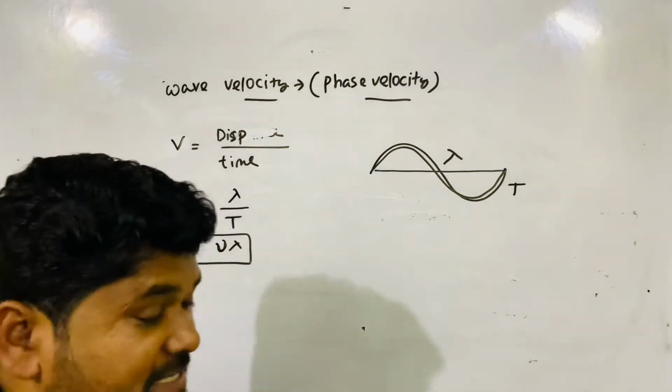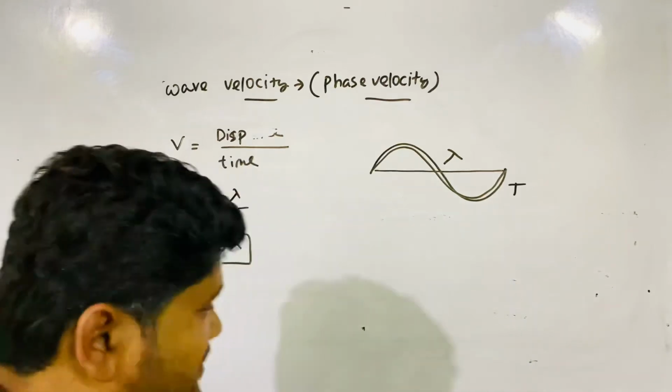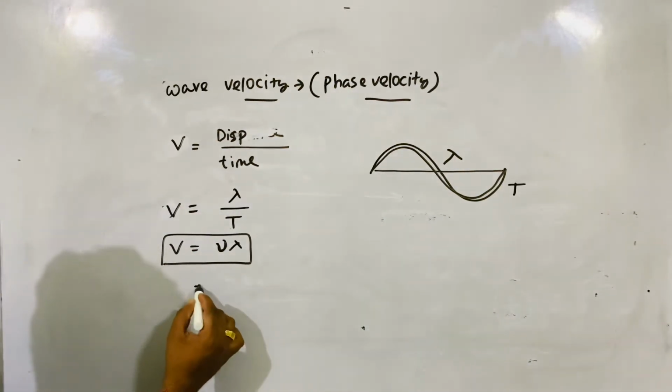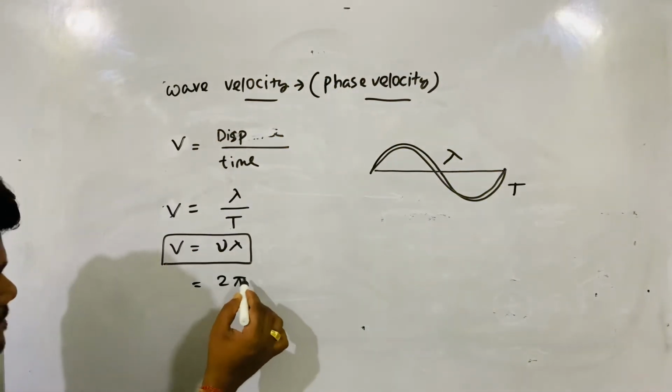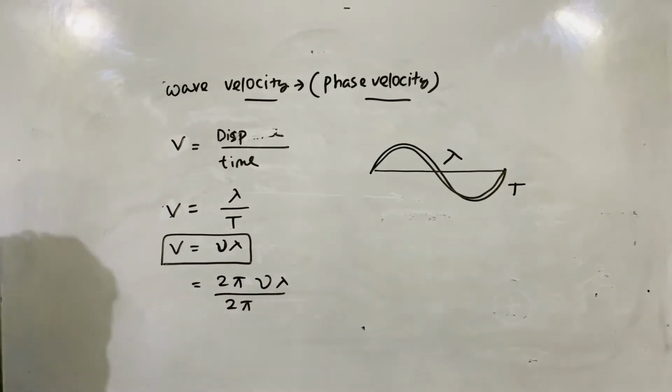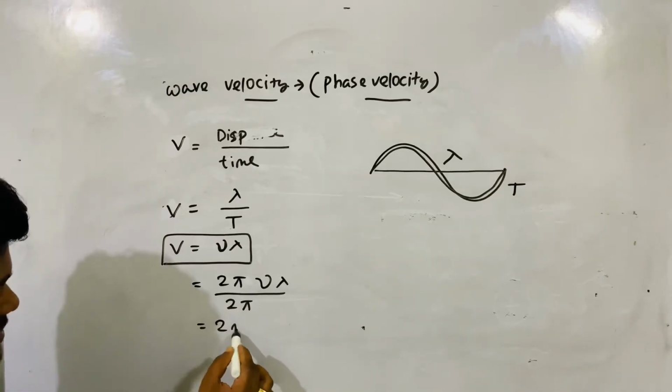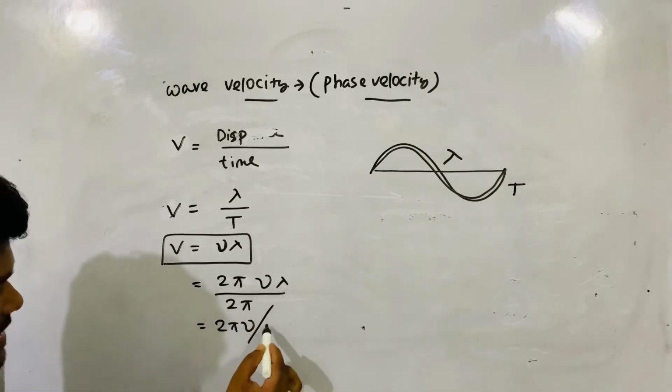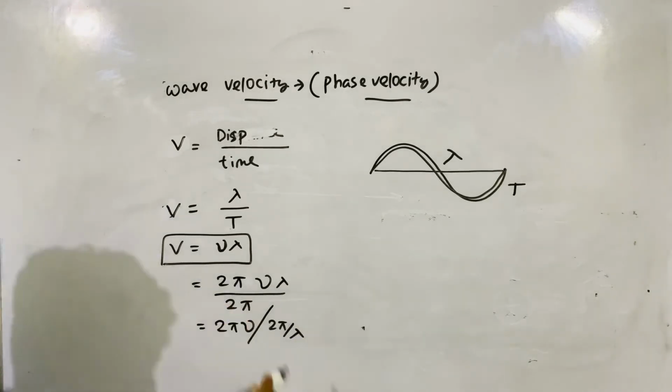We can also express it in another form. Now see what I am doing here. 2 pi, you multiply, and 2 pi you divide. Then you get 2 pi nu divided by 2 pi by lambda.